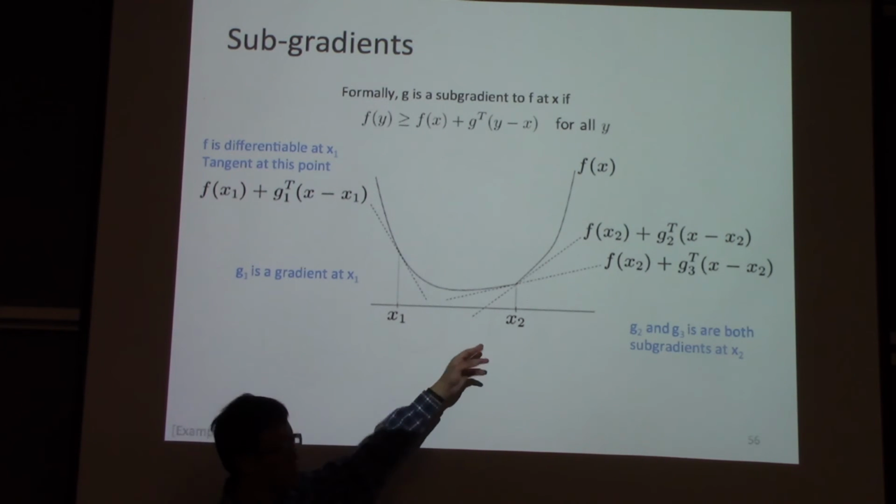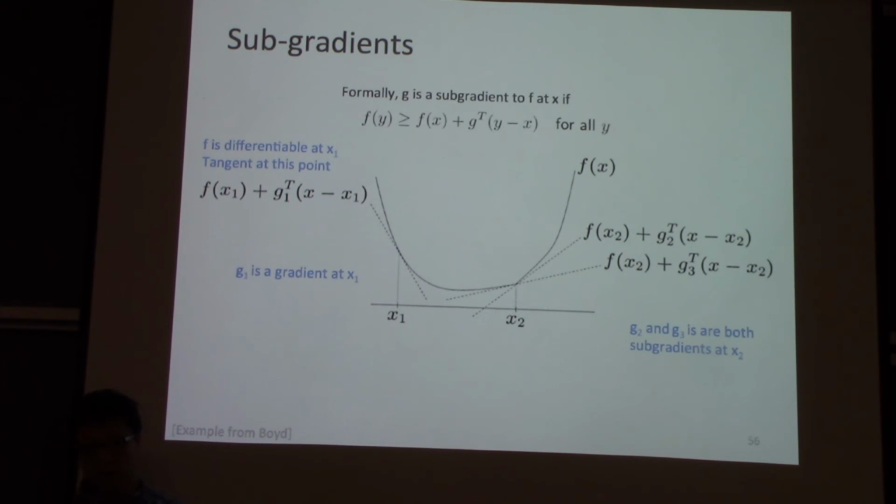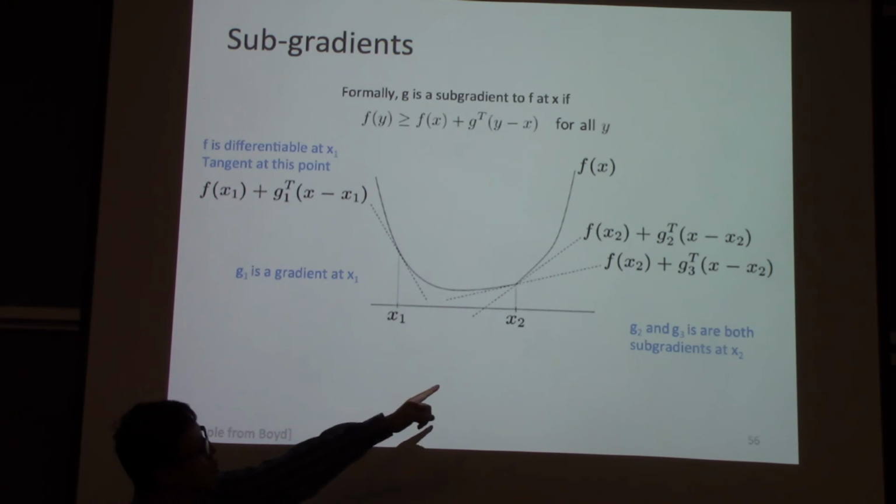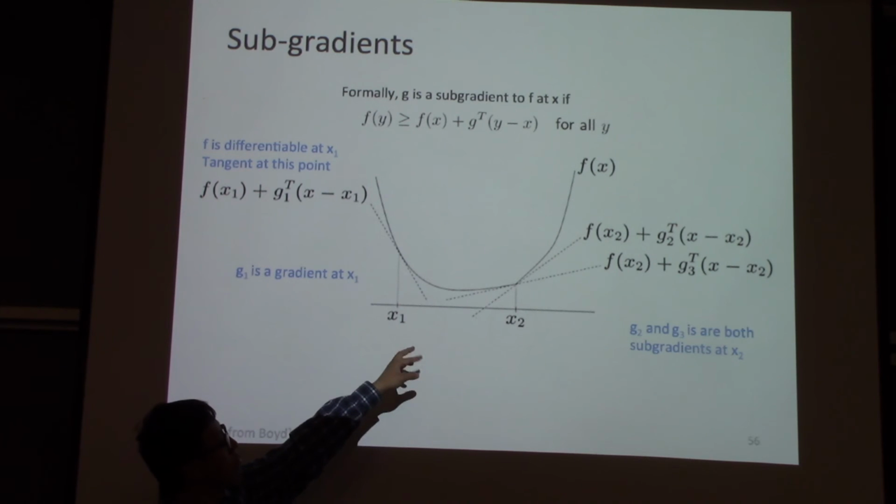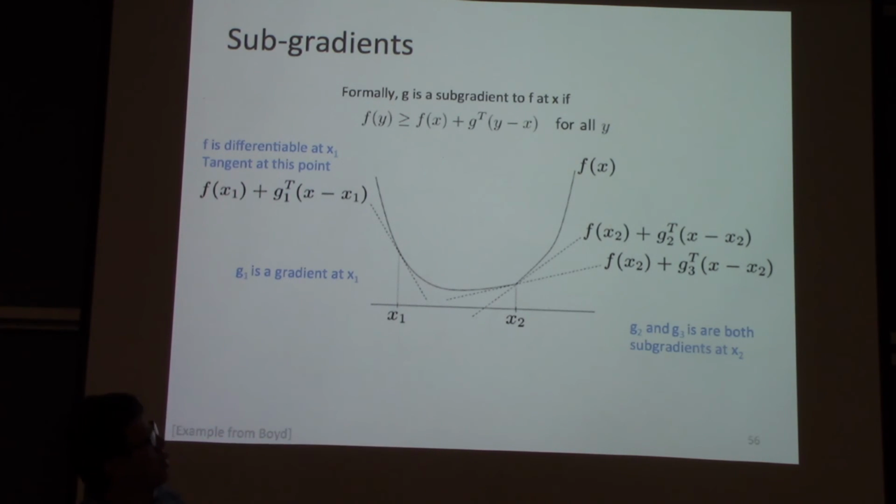But at the x2 point, there are infinitely many tangent lines, or tangent planes, hyperplanes in high dimension. Each one of them defines a subgradient. So G2 and G3, the slopes of these two lines, are both called subgradients at this point.